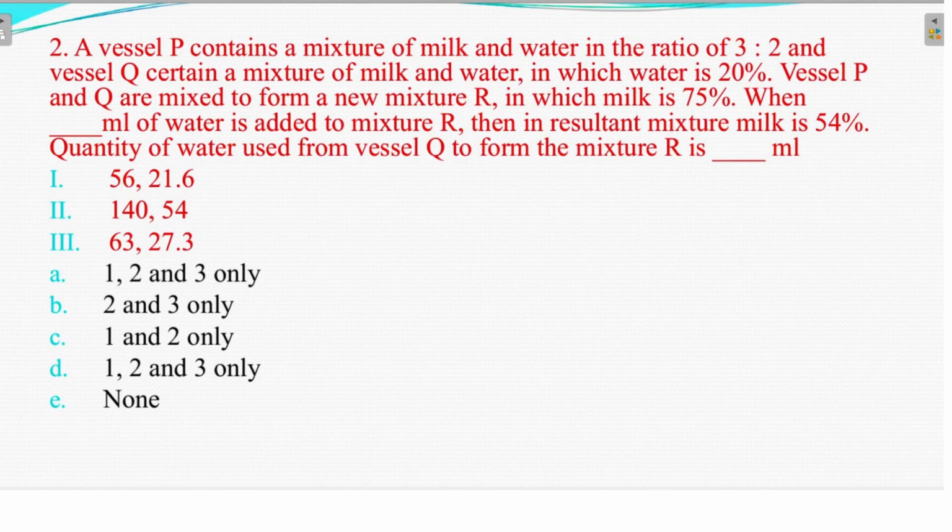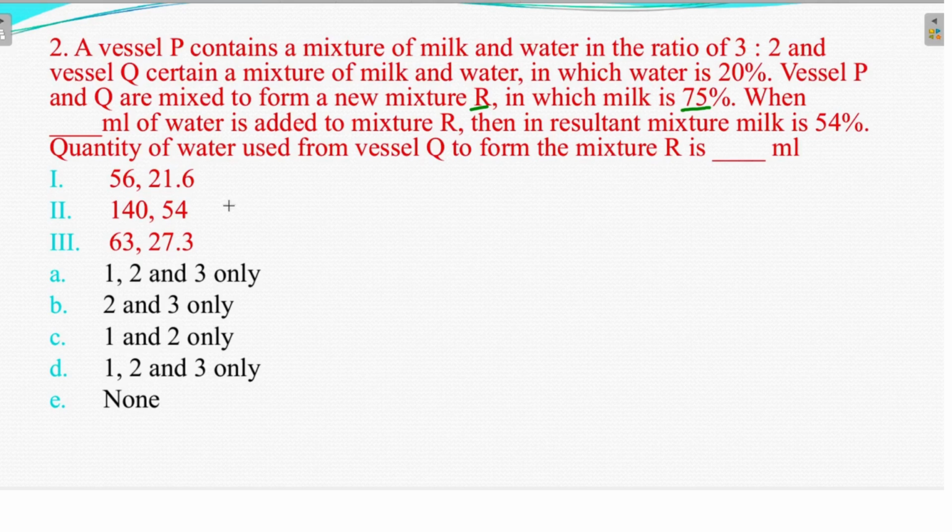If you read this question, a vessel P contains a mixture of milk and water in the ratio 3:2, and vessel Q contains a mixture of milk and water in which water is 20%. Vessels P and Q are mixed to form a new mixture R in which milk is 75%.